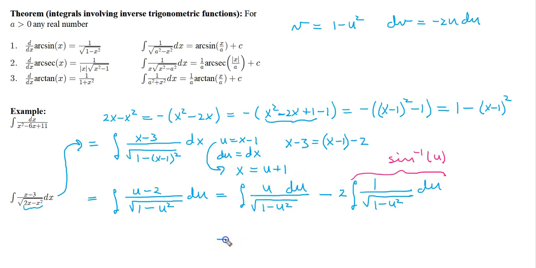Now, if we try to do it in our heads, what this would end up being is something like an integral of v to the negative 1/2 power dv, and the antiderivative of this is some multiple of v to the positive 1/2 power, right?